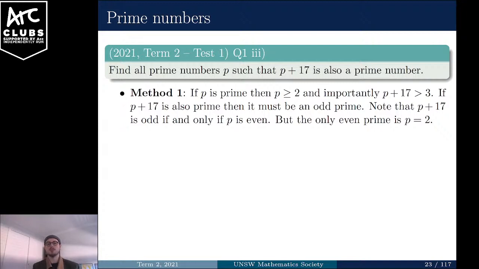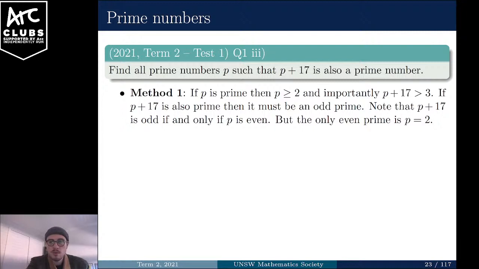So p is a prime, p is greater than or equal to 2. If p plus 17 is also a prime, it has to be an odd prime, because the only even one is 2. So p plus 17 is greater than 3, so if it's a prime, it's an odd prime. Note that p plus 17 is only odd if p is even. Let's think about this for a second.